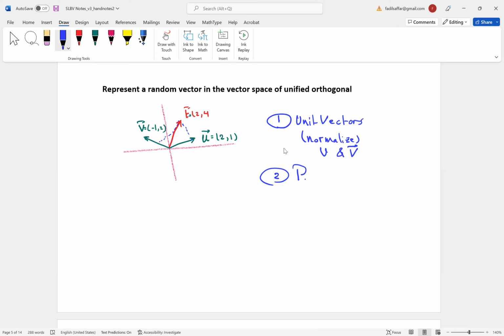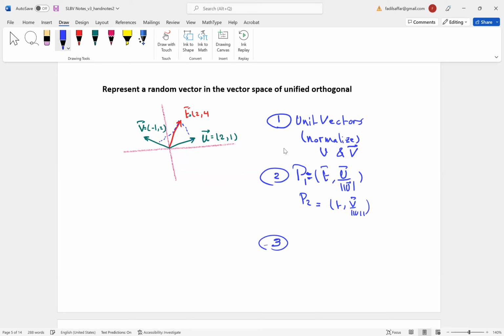Let's call them P1, which is the inner product of t with u divided by its length, and P2, which is t with v divided by its length, because it has to be a unit vector.